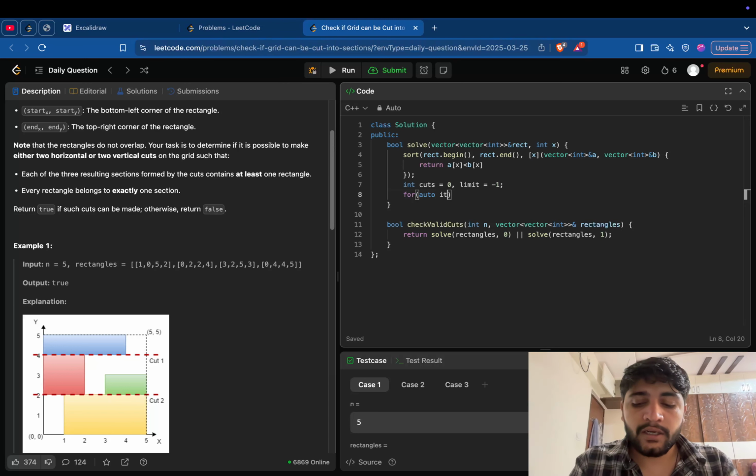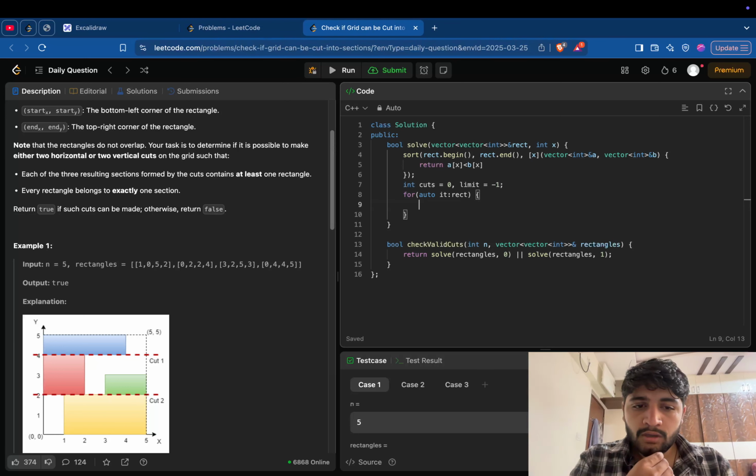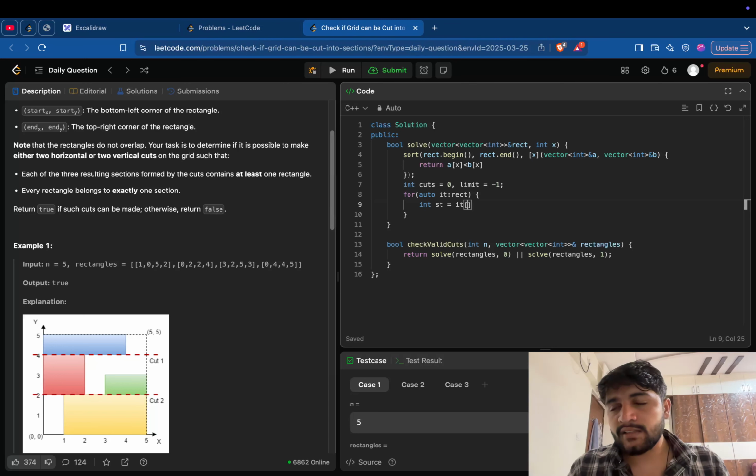Now we'll go to each rectangle, auto it of this rect, and what is the start of the first cut? If we are going along the x-axis, it will be it[0]. If we are going along the y-axis, it will be it[1].